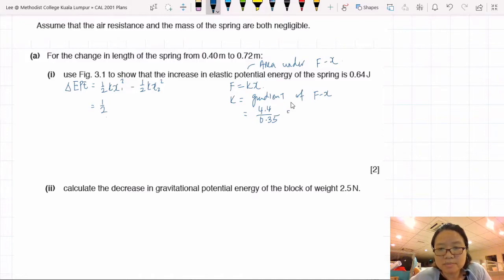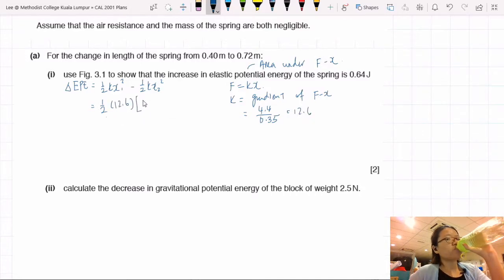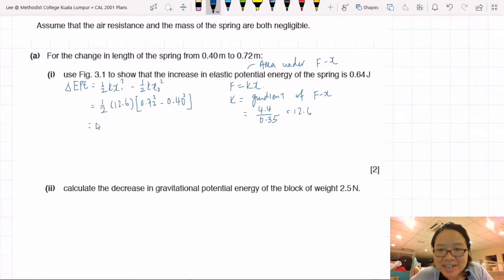This is not a nice number, so I'm just going to use my calculator now to get the value. And then, 0.72 square minus 0.40 square, right? Then you press your calculator and then you notice, what problem? Okay?